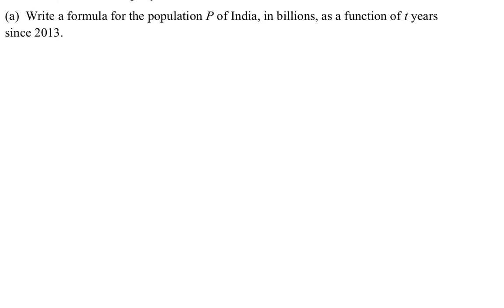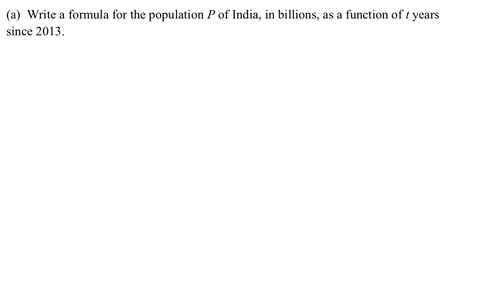Now, for this last one. The population of India was about 1.22 billion people in 2013. It was growing at a rate of about 1.28% per year. Write a formula for the population P of India in billions as a function of T years since 2013.